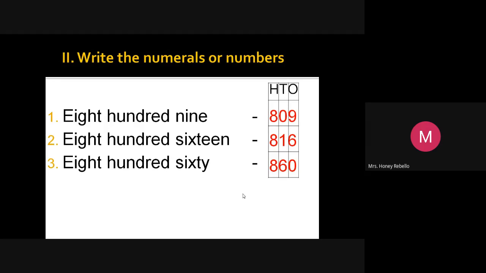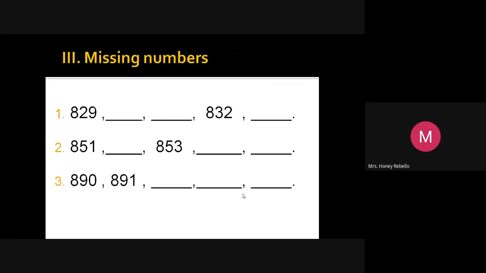Now we'll go to the next Roman number. Roman number 3. Listen to me and write slowly. Roman number 3 in your margin. Missing numbers. New page.